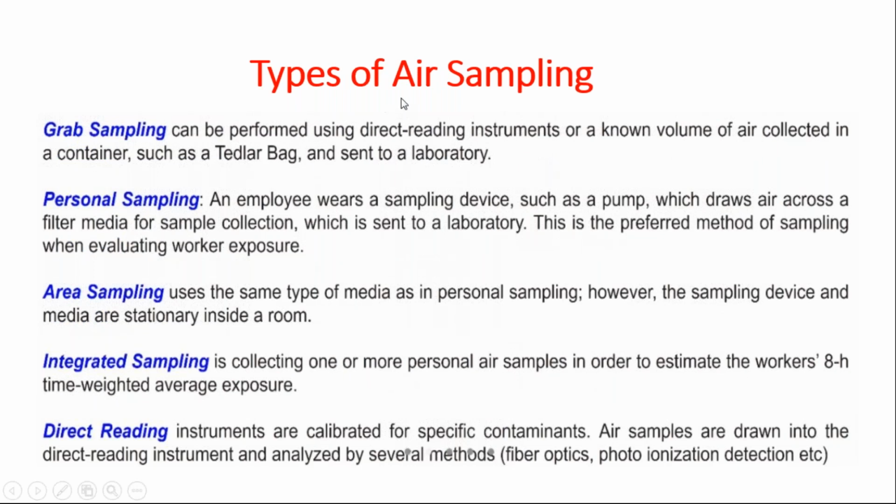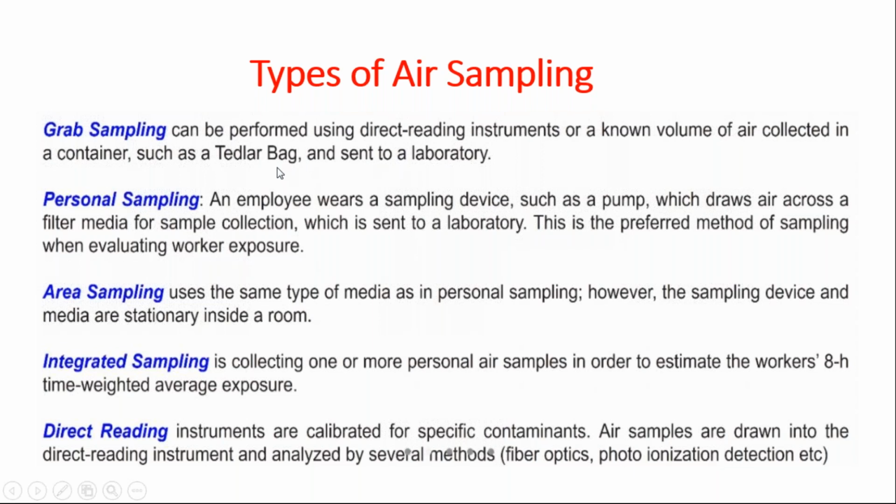Okay, next slide, types of air sampling. We can collect different types of samples with different types of equipment. For example, there is grab sampling. In grab sampling, we capture a fixed volume of the air, like Tedlar bags or a canister.